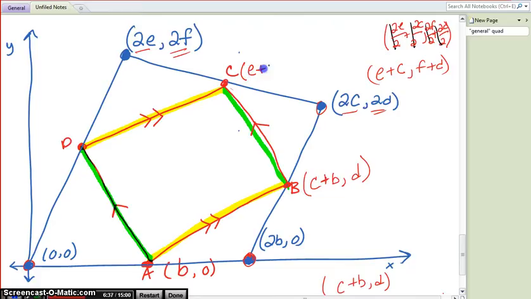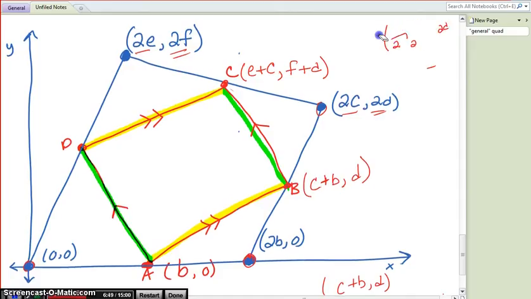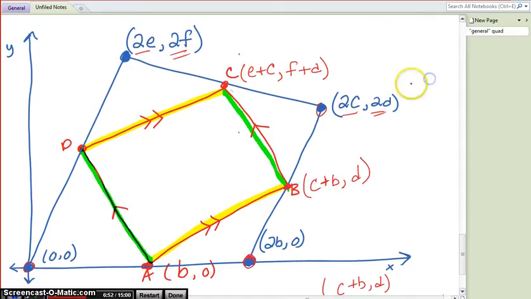And we have a general point of some distance that is E added to C in the x direction, and some distance that is F added to D in the y direction. So that's our coordinate for C, the third point on the quadrilateral created by connecting the midpoints of the four sides of any random quadrilateral.